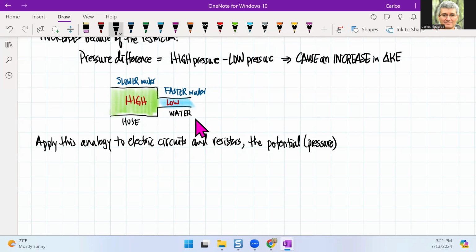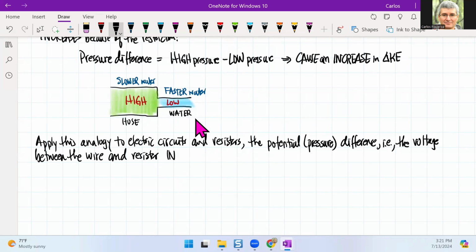The potential difference, in other words, the voltage between the wire and resistor causes an increase in drift speed.